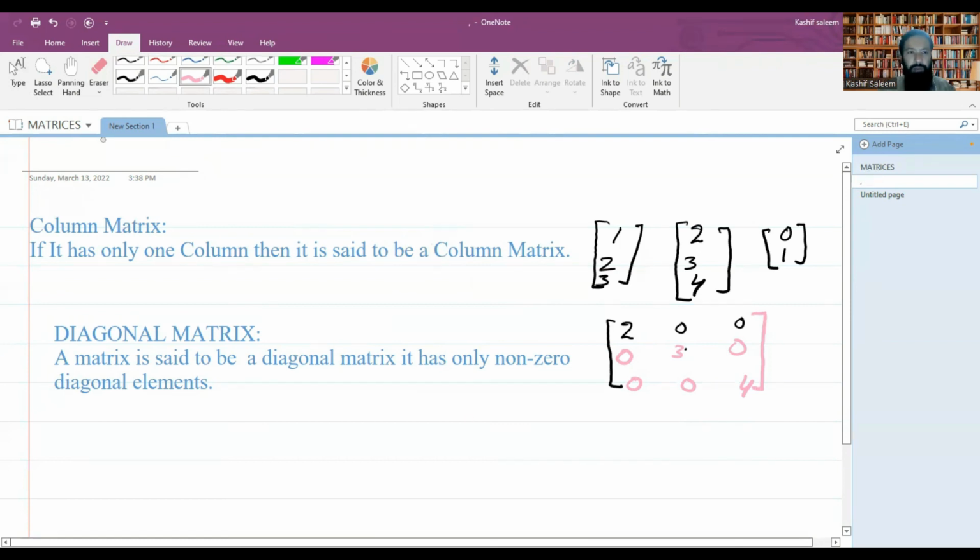So this is a diagonal matrix because all the elements are 0 except the diagonal elements.